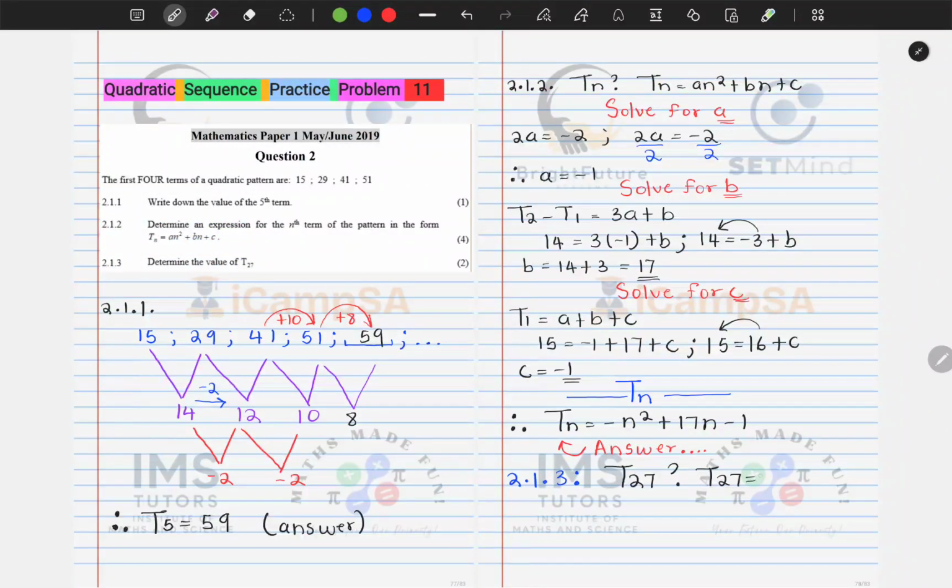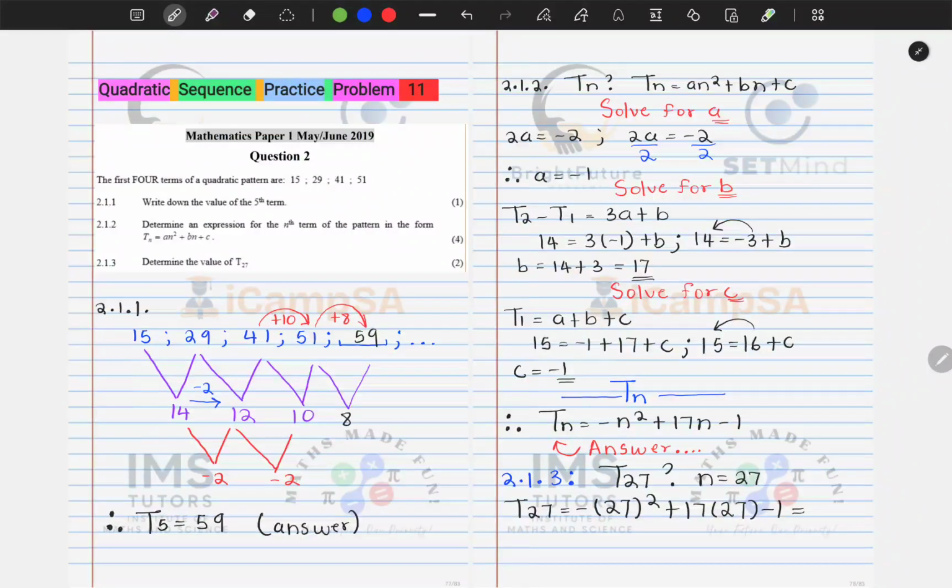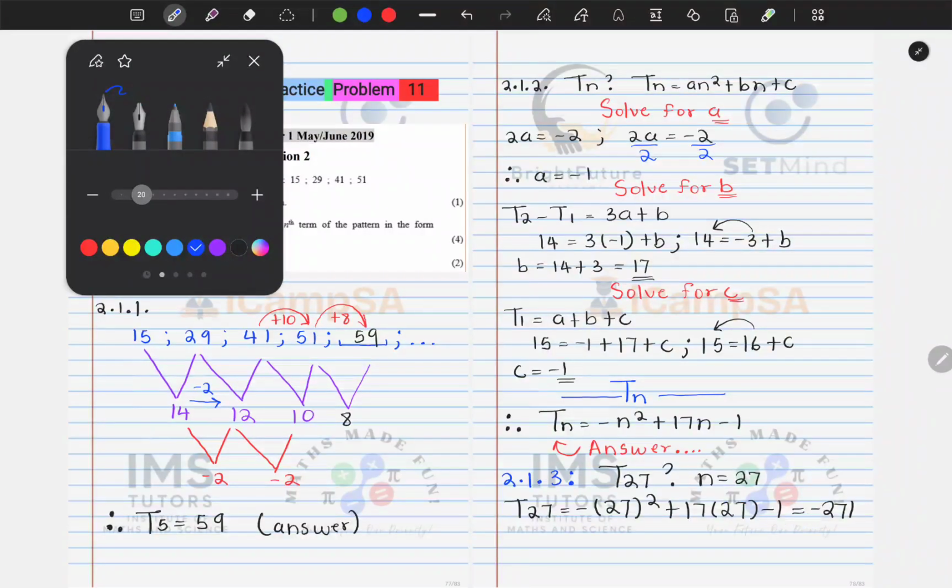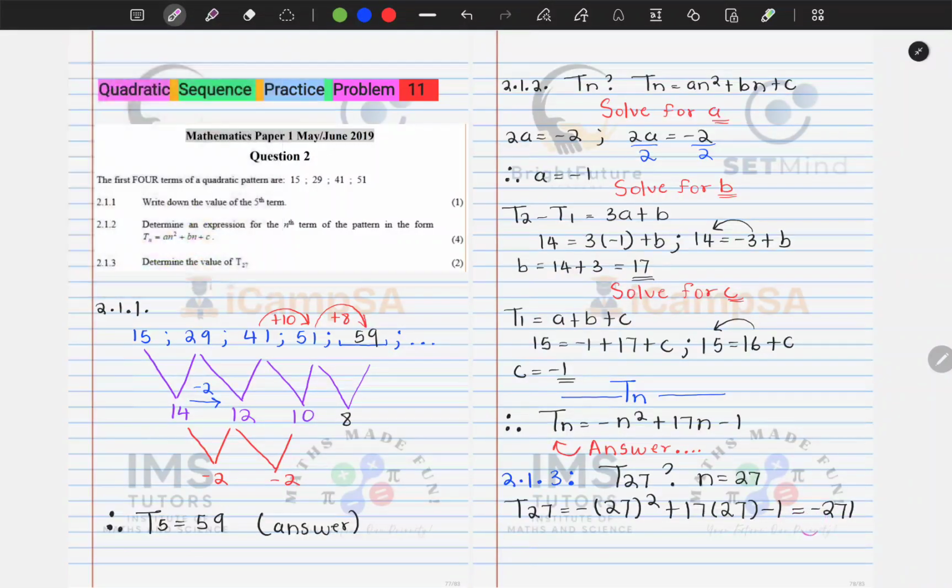So T27 will simply be equal to, wherever we see n, we'll put in 27. So T27 will be negative 27 all squared plus 17 times 27 minus 1. So the answer we get is negative 271. I hope I didn't make any mistake, but as always, please do check. So that becomes our answer.